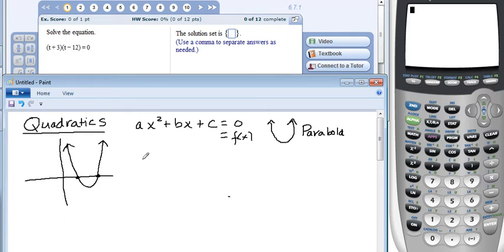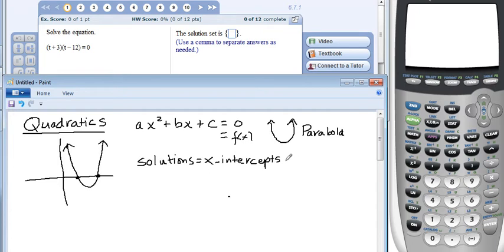So my solutions are my x-intercepts, right? The solution to this is the same as my x-intercept graphically. All right, so my solutions are my x-intercepts.